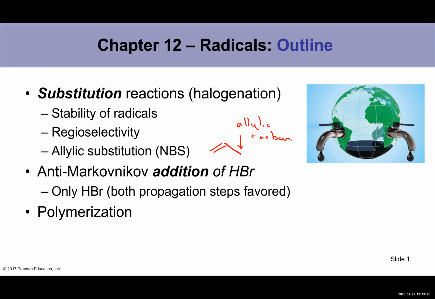Then we're also going to look at a very important reaction, the anti-Markovnikov addition of HBr to an alkene. If you have something that looks like this, and you do HBr in the presence of a peroxide like this, the product you get is this. So it goes opposite of what you expect based on straight addition.